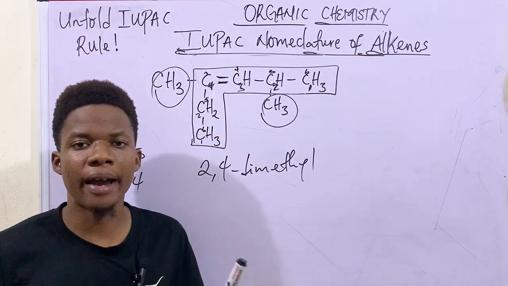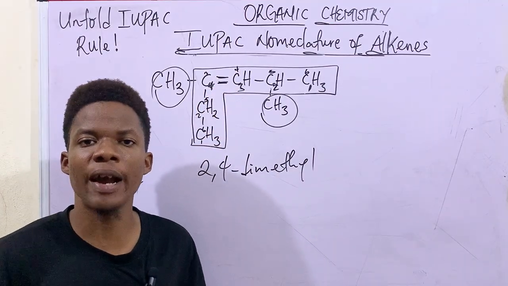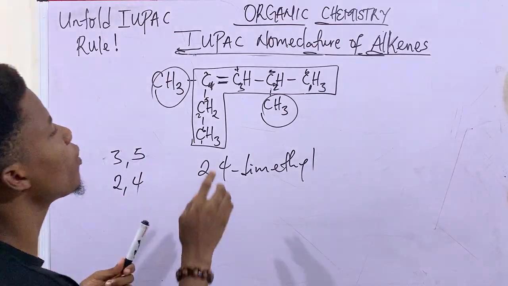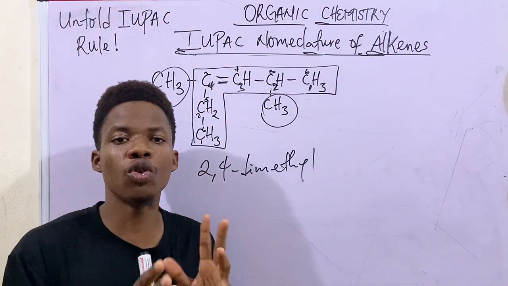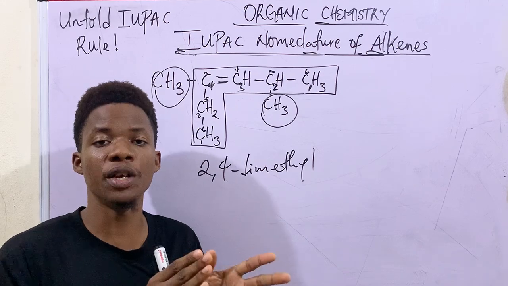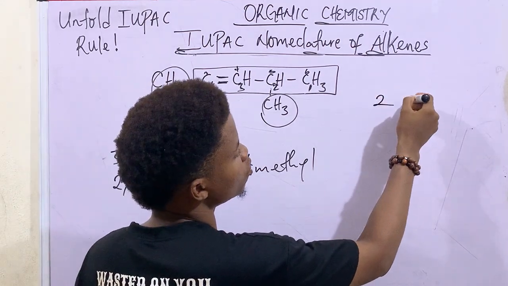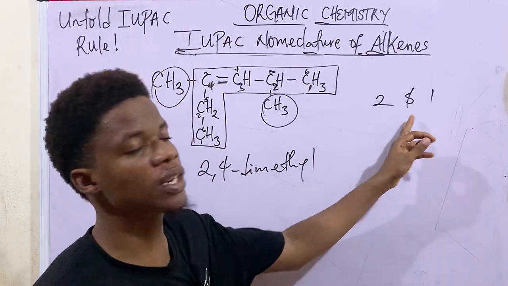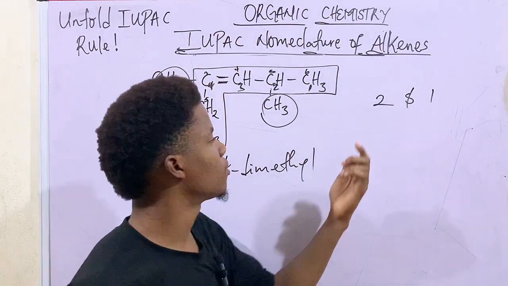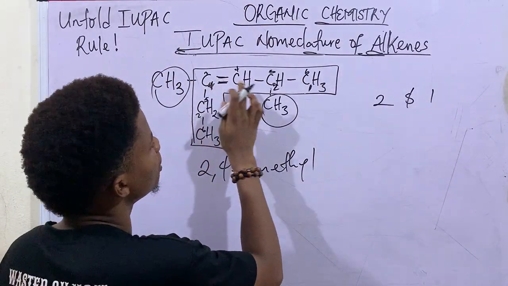Like I have taught in my previous video on YouTube, when you have two numbers, the double bond is between two carbons. If the double bond is between carbon 2 and carbon 1, you pick the lower number. So in this case the double bond is between what?